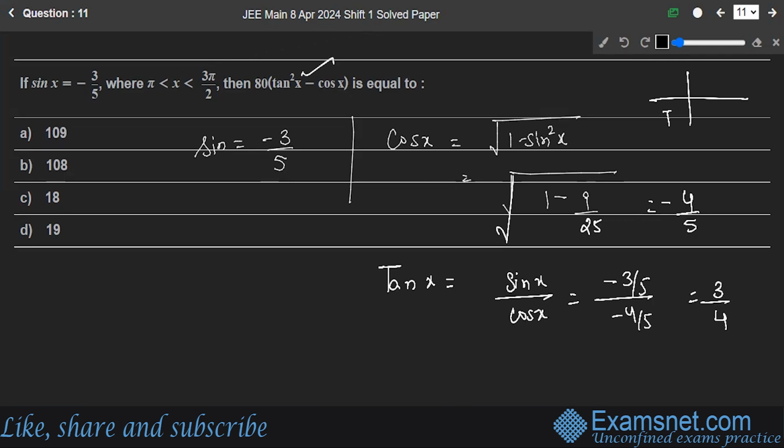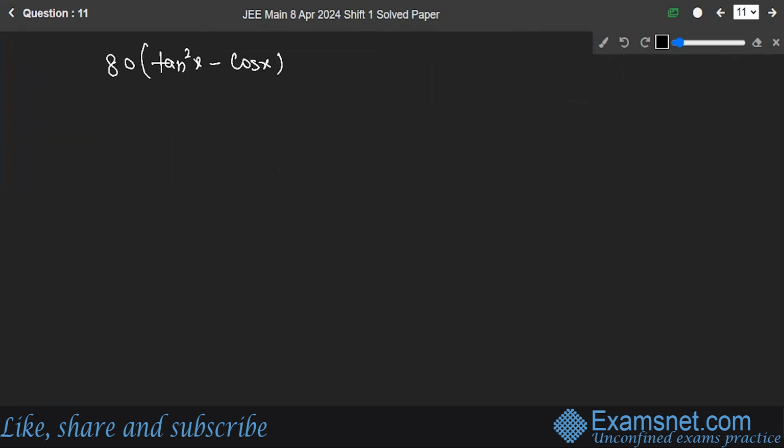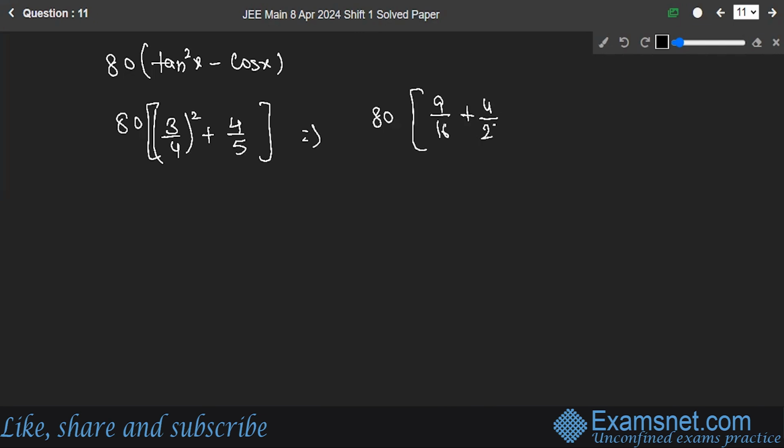So very easy question actually for you. You have to find out 80 tangent square x minus cos x. This gives you 80 into (3 by 4) square, minus of minus, like it will be plus 4 by 5. Or this will be 80 into 9 by 16, plus 4 by 5.